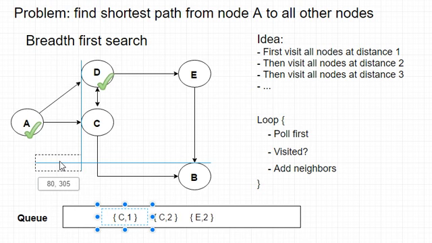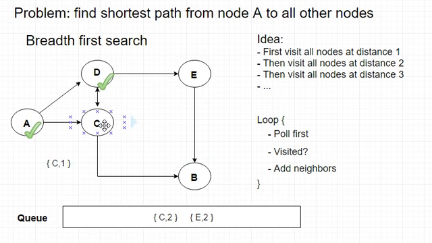And a property of breadth first search is that the first time you get to a node is always going to be the shortest path to that node, which in the case of C is right now. We haven't visited C before, so we are visiting it now. We will mark it as visited, and we are learning that the shortest path to C is one step.